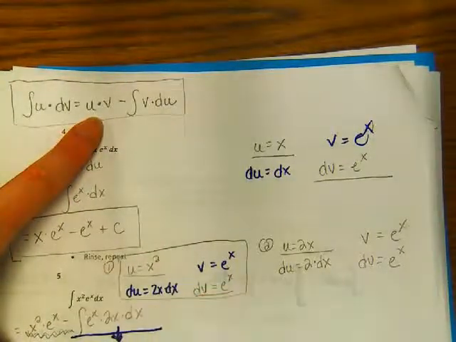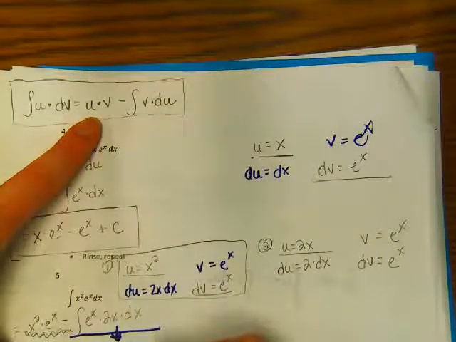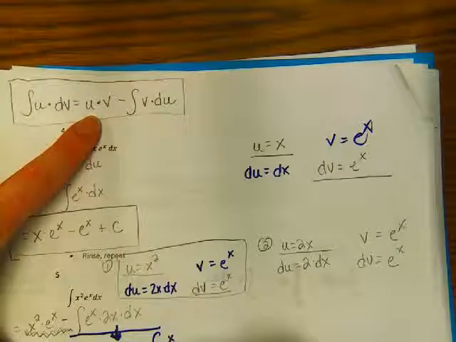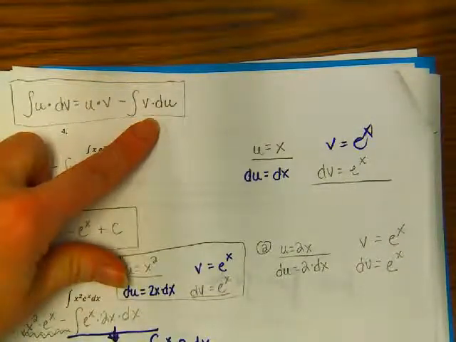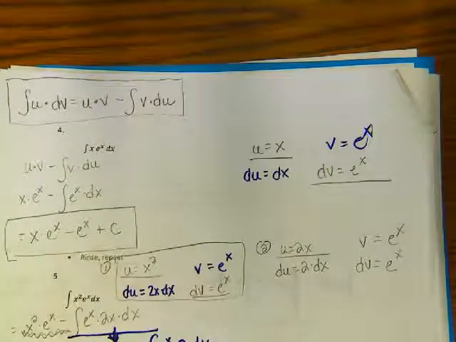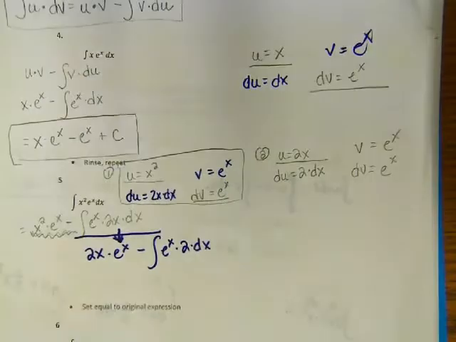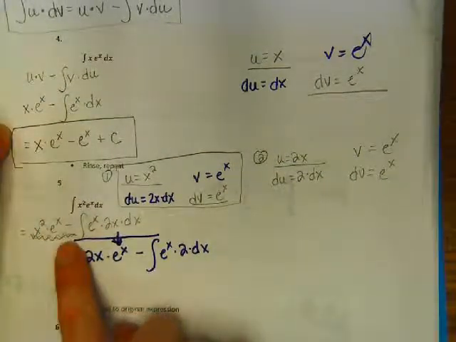The integral of that. 2x times e to the x minus the integral of e to the x, 2 dx, because that's something I can integrate now. Okay. And we're not going to forget at the end that that's there, right? Okay, so what I just did in blue here was the integral of this part. I'm not going to forget that that's there.